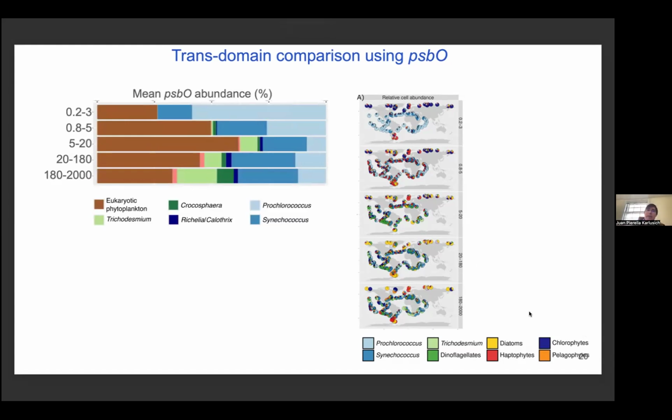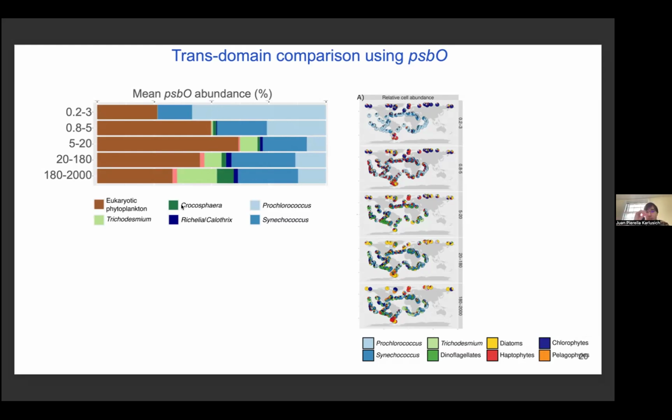This is the same data, but here I display the average across the entire Tara Oceans route for each size fraction. And you can see again, in the smaller size fractions, a prevalence of Prochlorococcus and Synechococcus.